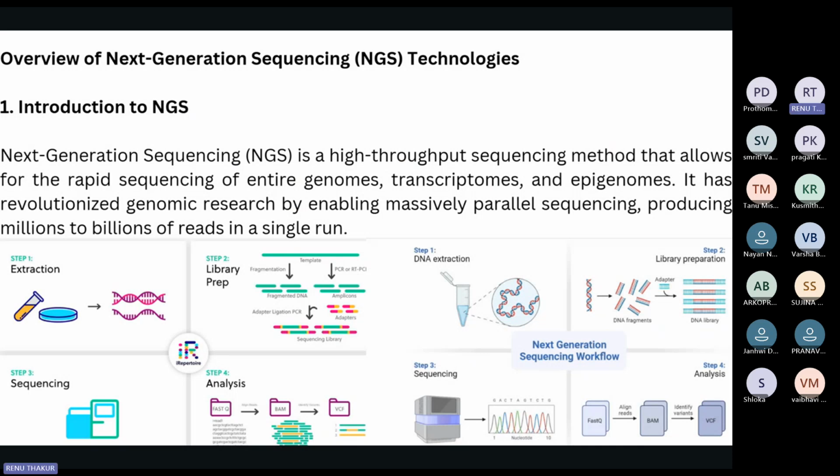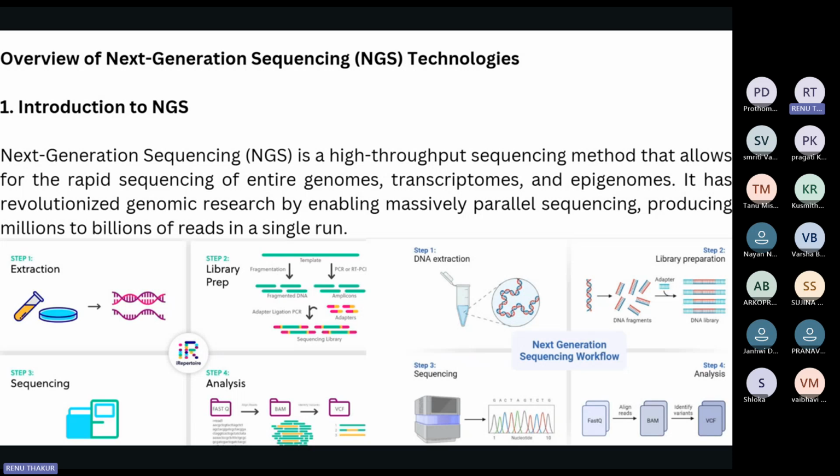It has revolutionized genomic research by enabling massively parallel sequencing. You can sequence millions of DNA fragments at a time, all thanks to NGS technology, and produce millions to billions of reads in just a single run.